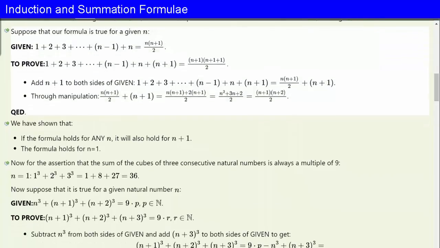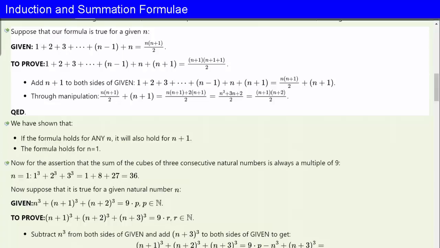Now suppose that this formula is true for a given value of n. So we write down, given: 1 plus 2 plus 3 up to n is n times n plus 1 over 2. And we can take that as a fact, and we're talking about a very specific n. We have to show that if this given formula is true, then it must follow that the formula for n plus 1 is valid.